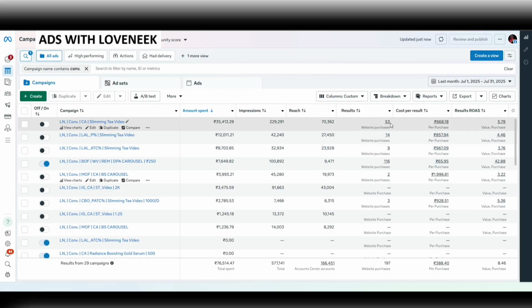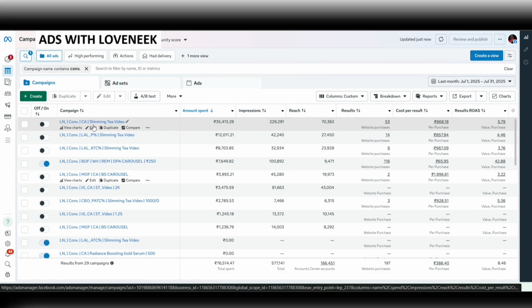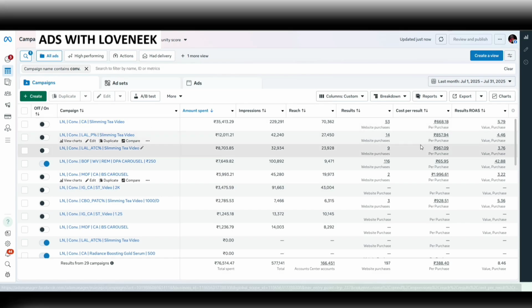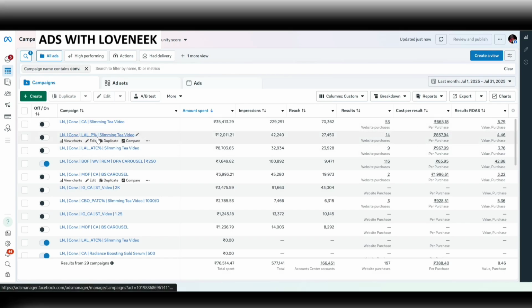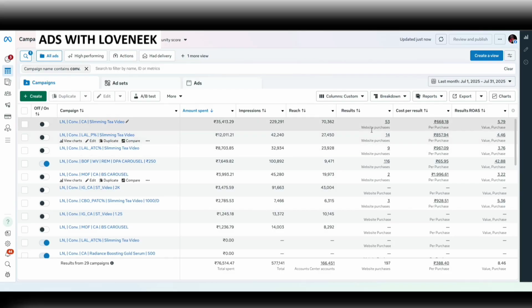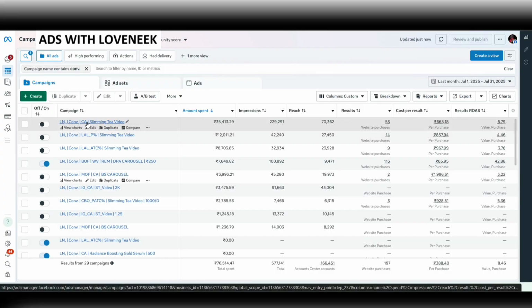And if you see the number of purchases, 53 from the core audience, which is again the IG engagers of 365 days, and from lookalike of purchases, I got 14 purchases at a cost of 857, which is good enough, but the result is very less in comparison to the core audience, right?